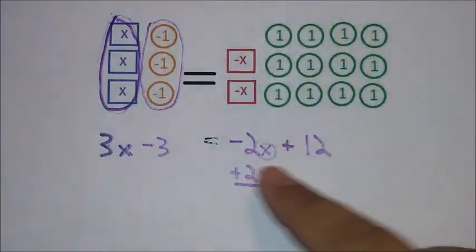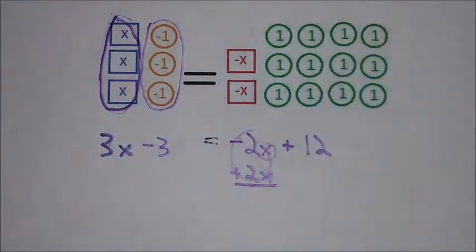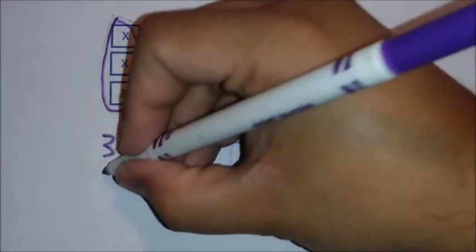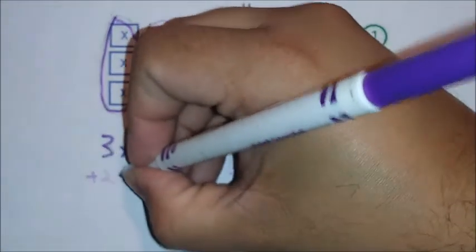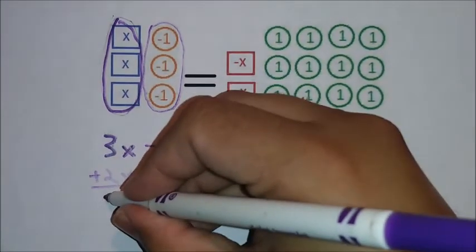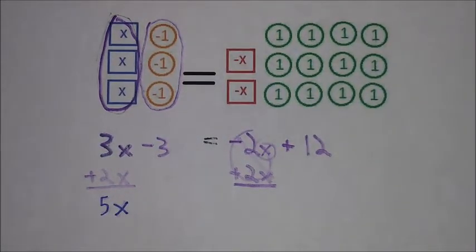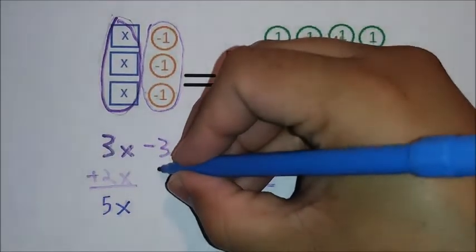We're going to do the opposite of what we see here. And what you do to one side, you have to do to the other. Three plus 2, 5x. As for everything else, we're just going to bring it down.